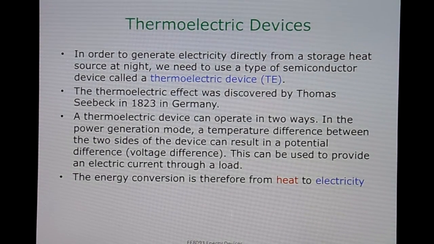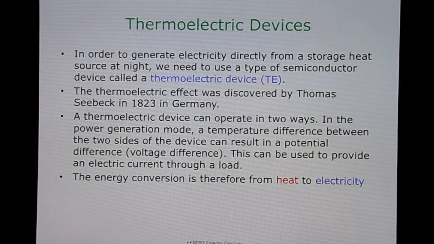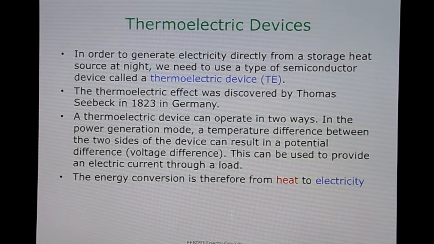In a previous lecture, we have already learned that in a concentrated solar power plant, we can store solar thermal energy in molten salt in a storage tank.